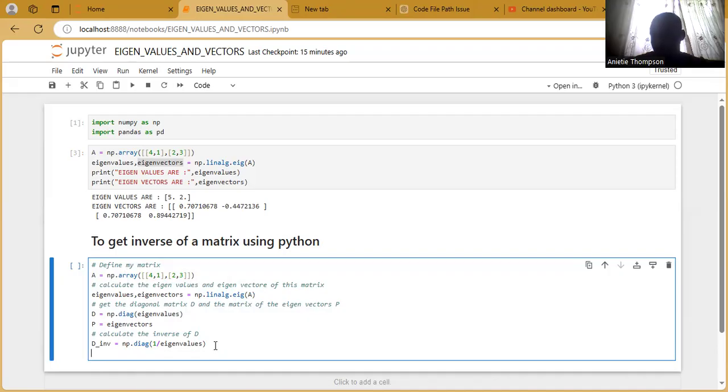The next thing is to calculate the inverse of A as P times D inverse times P inverse.